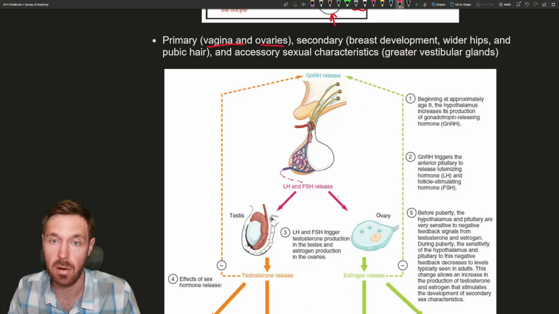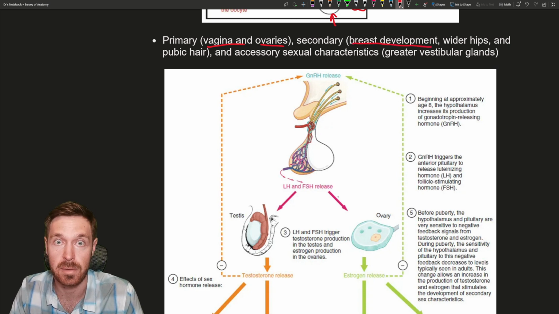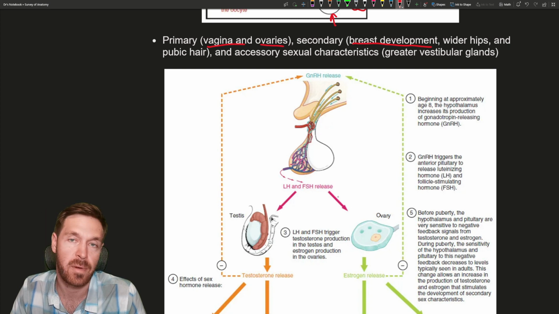Now in women, just like in males, there are primary sex organs like the vagina and the ovaries. Secondary ones include breast development. I didn't talk too much about that, but females' breasts are different than males, of course. They contain ducts for milk production. Prolactin is a hormone that leads to milk production. So there are duct networks that females have, along with fatty tissue.